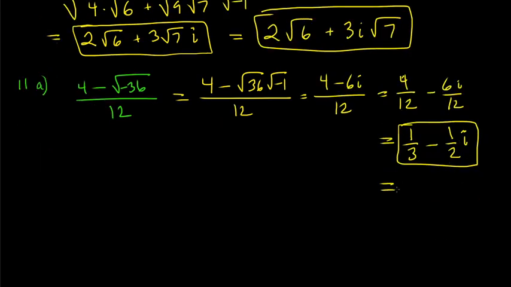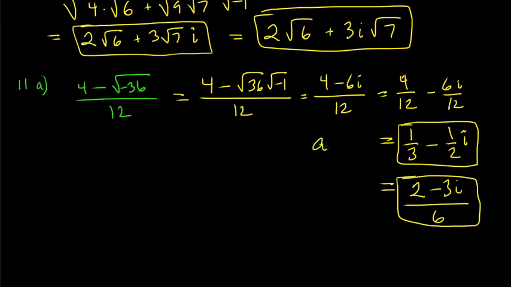Here it would be 6. So this would be 2 minus 3i over 6. I'm not picky about this. Either way is fine. It did say write it as a plus bi. In this case, a is 1/3 and b is negative 1/2. So at this stage, I would accept either.